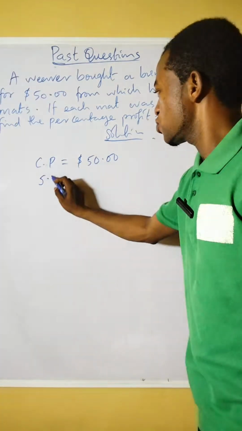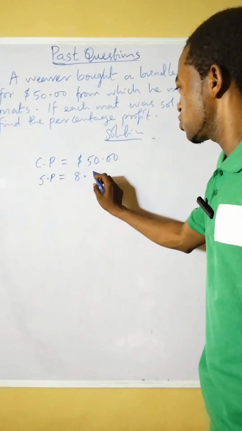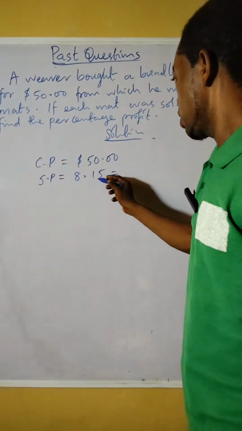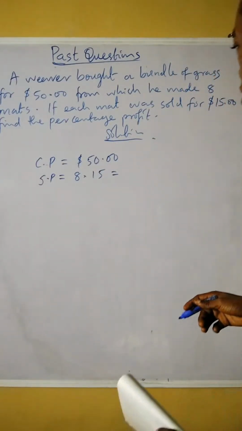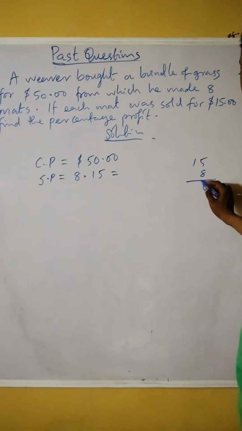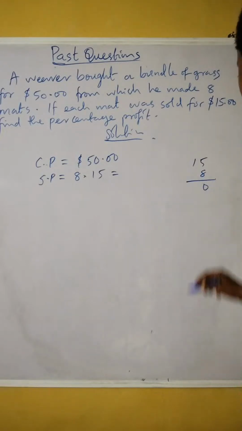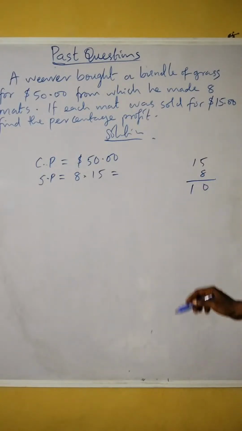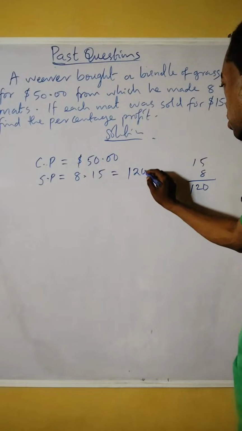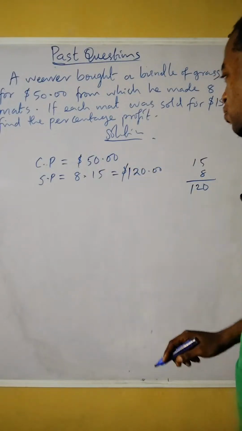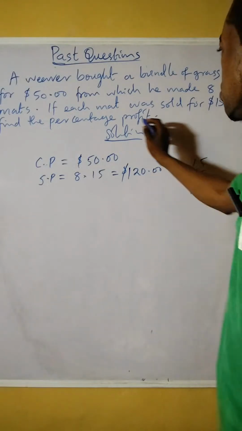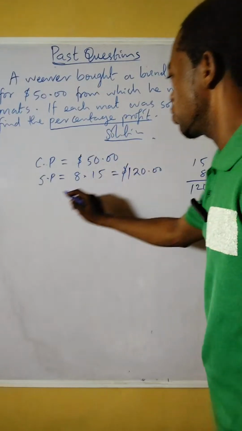So the selling price is 8 times 15. 8 times 5 is 40, write 0 and carry 4; 8 times 1 is 8, plus 4, that's 12. So $120 here.